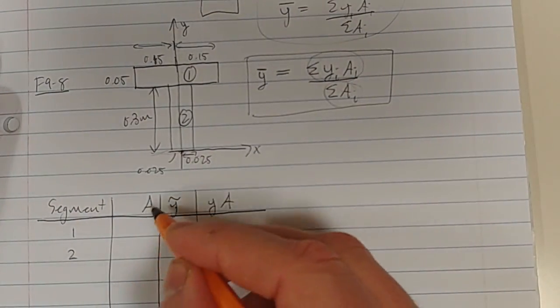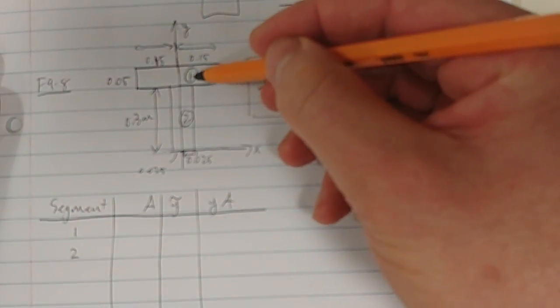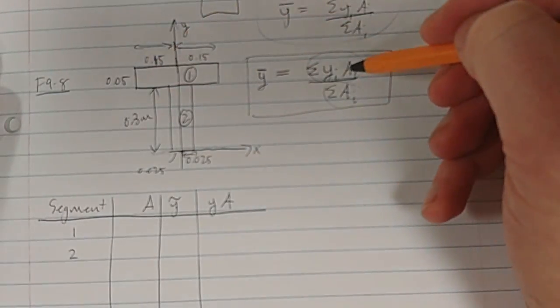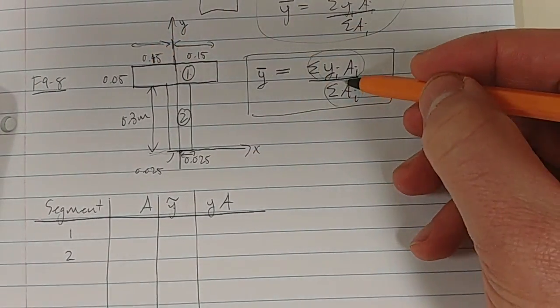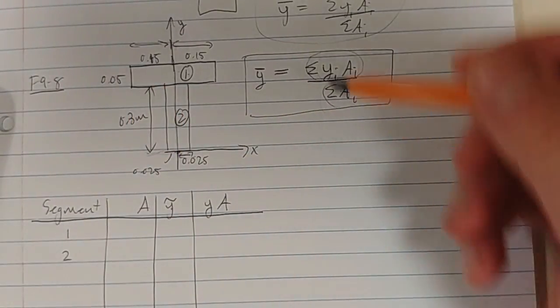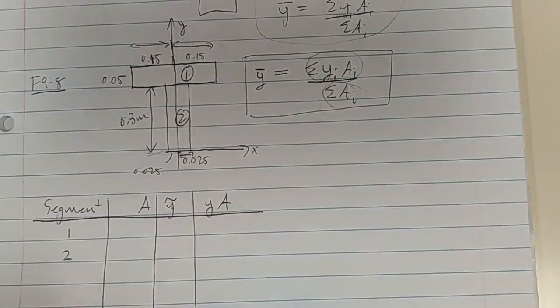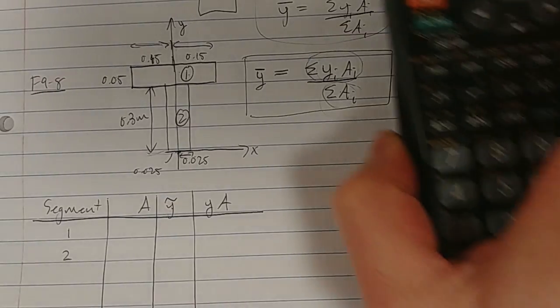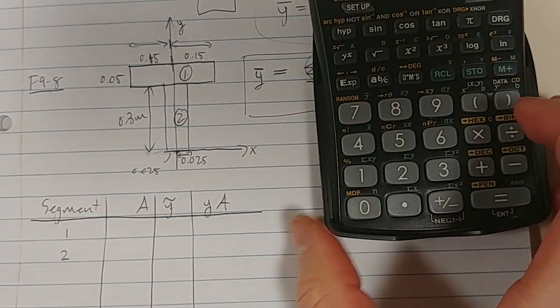So what is the area of element 1? Because remember, we're trying to find the total areas. It's going to be 0.05 times 0.3.